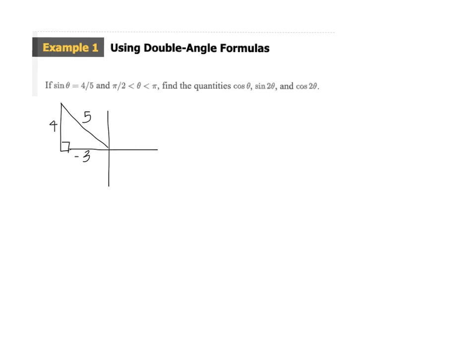Now it wants you to find a couple quantities. So the first one is cosine of theta. Well, that one's easy because I found that last side of my triangle. So cosine of theta is just -3/5. All done there. Next one it wants is sine 2 theta. Well, now I know what sine of 2 theta is using my double angle formula from above.